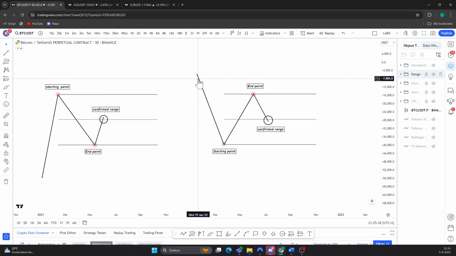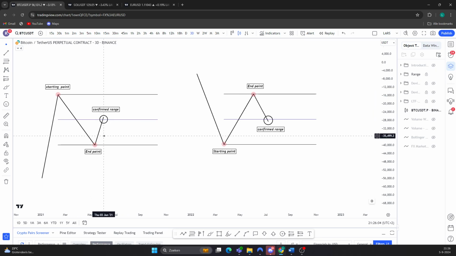When we're trending down, we pull our range from bottom to top, and when we have a move back down, touching the equilibrium of the range, that's when our range is confirmed. Okay? So your range low is already confirmed the moment we have a move back up touching the equilibrium, the 0.5 fib of the high to the low.